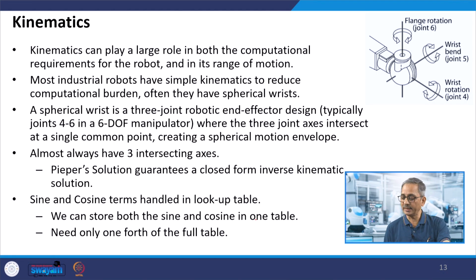This condition could be something like this: the wrist rotation, that is joint 4, wrist bending, that is joint 5, and flange rotation, that is joint 6, all intersecting at a point.